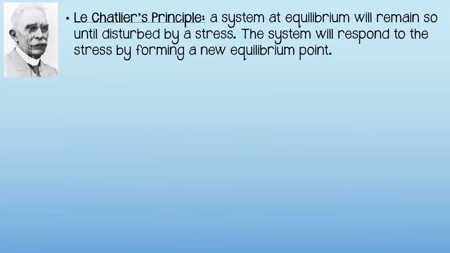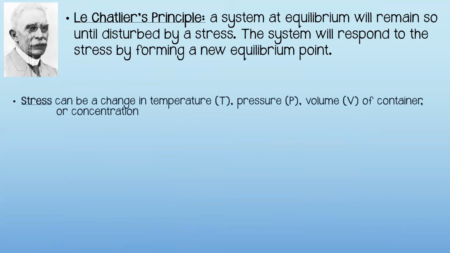If you're very mellowed out and having a good day and something disturbs you, you may be disturbed by that stress, but hopefully you're going to respond in such a way that you're going to push that stress aside, try to ignore it, and form a new equilibrium point where you can once again be mellowed out and stress-free. A stress in this format can either be a change in temperature, pressure, or volume within the container, or the concentration of the substance.